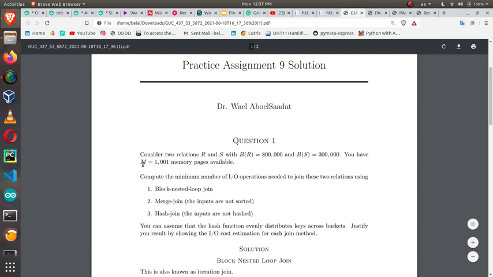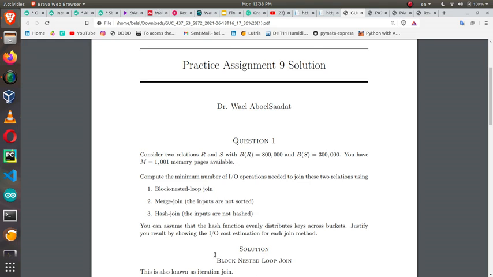The first problem says, consider two relations R and S. The number of blocks in relation R is 800,000, and the number of blocks in relation S is 300,000, and you have 1001 memory pages available to be used as a swap area.